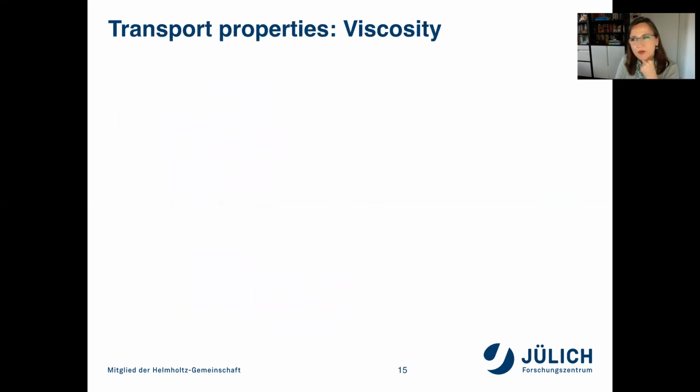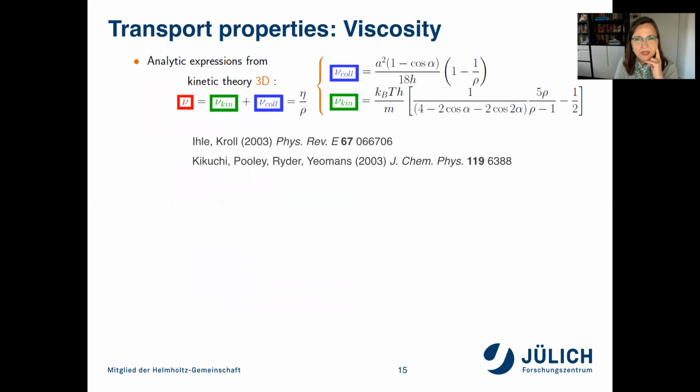Good. So now I will tell you about one of the transport properties that has been studied, which is the viscosity. You can study it analytically by thinking about how momentum is transferred in the streaming step and in the collision step. You can calculate through kinetic theory how the momentum is transferred. And we have 2 contributions to this transfer, which give rise to the kinetic viscosity and to the collisional viscosity.